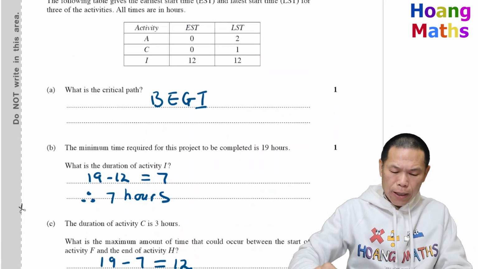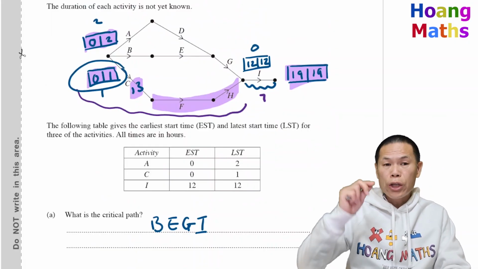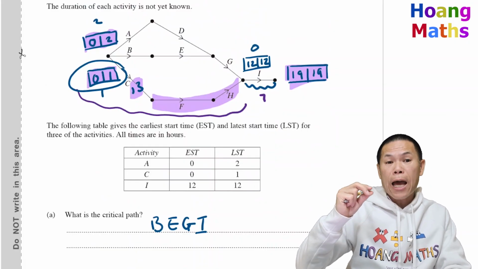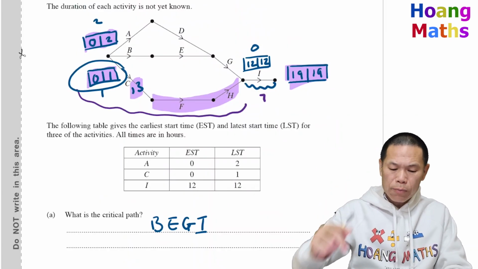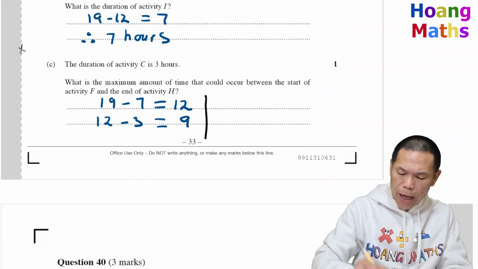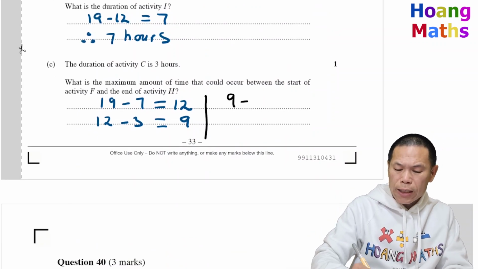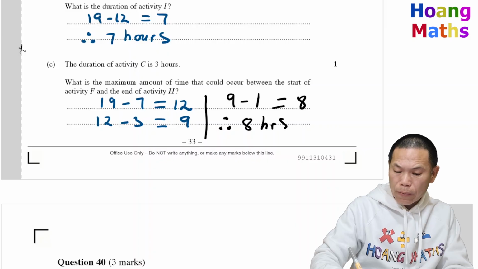But don't forget, the floating time for C is 1 hour. So in other words, C can start 1 hour late. Correct? So therefore, to make sure it is maximum, we can go 9 minus 1 hour. So that is 8. So therefore, the maximum amount of time that can occur between activity F and H is 8 hours.